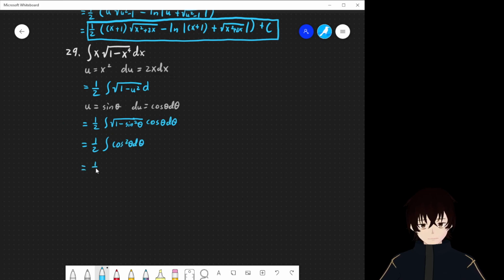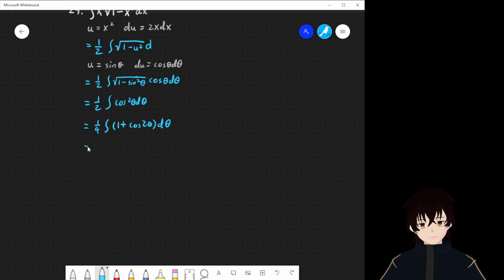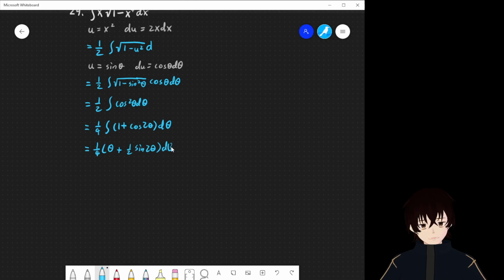So we get 1/4 integral of 1 plus cosine of 2 theta, d theta. Integrate that, we get 1/4 times theta plus 1 half sine of 2 theta, and plug everything back in.